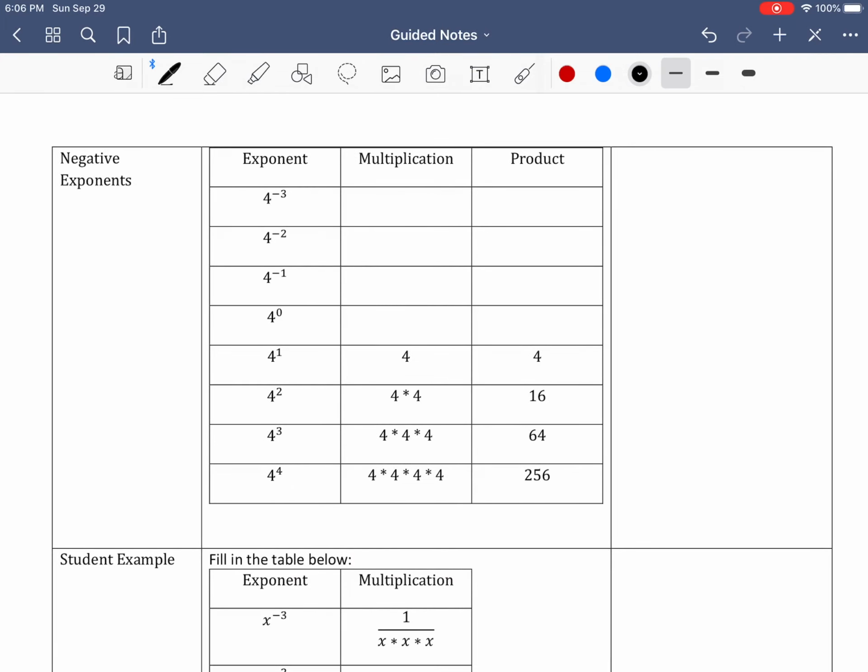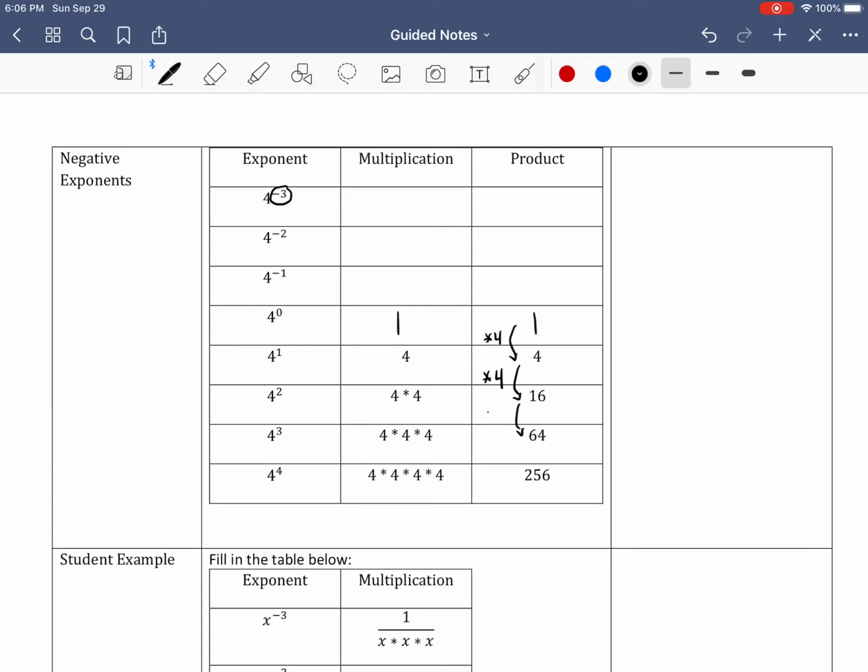Now, let's continue to extrapolate this rule and figure out what happens when our exponent values become negative. Now, from what we just talked about, 4 to the 0th power, we just said is 1, right? Because to go from 1 to 4, we're multiplying by 4. From 4 to 16, we're multiplying by 4.